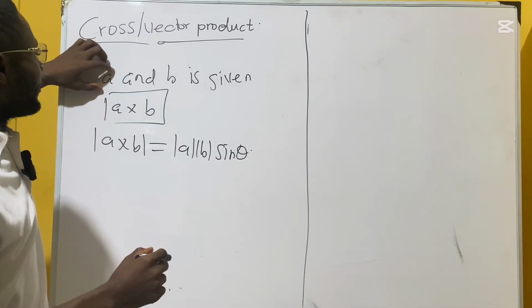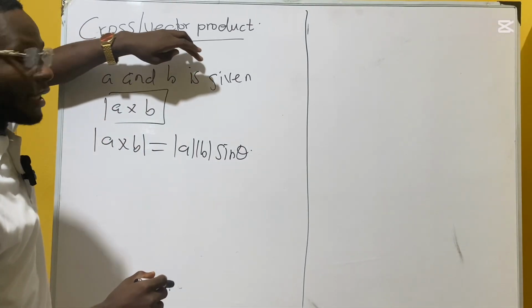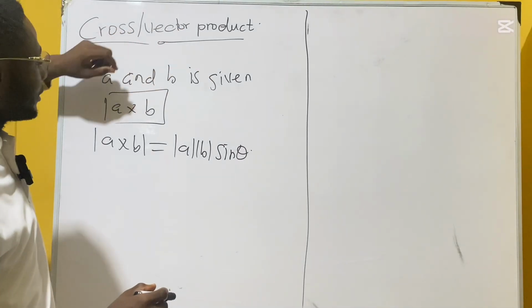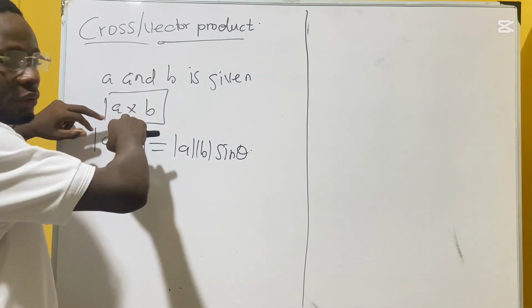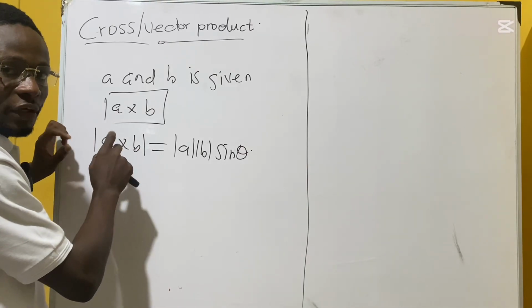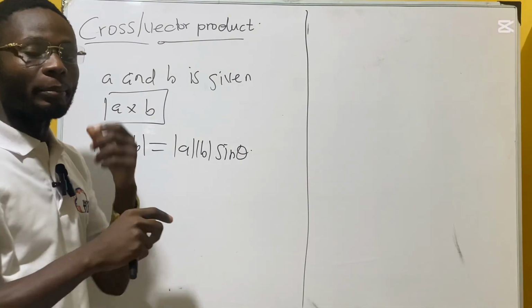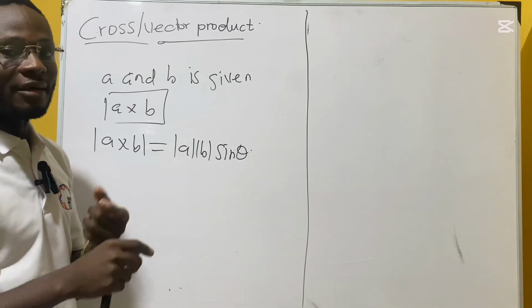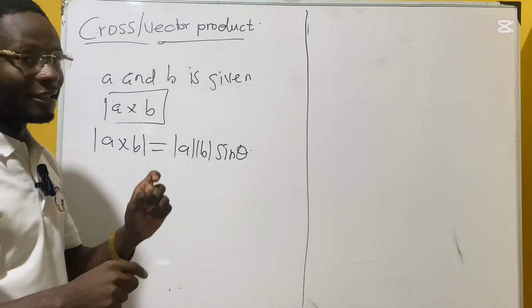So the magnitude of A cross B is equal to the magnitude of A times the magnitude of B sine theta.